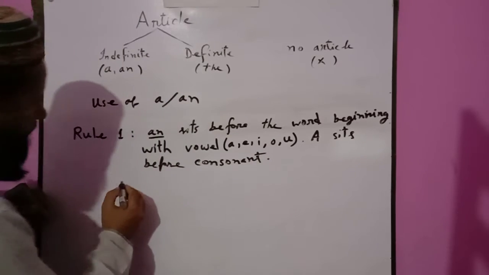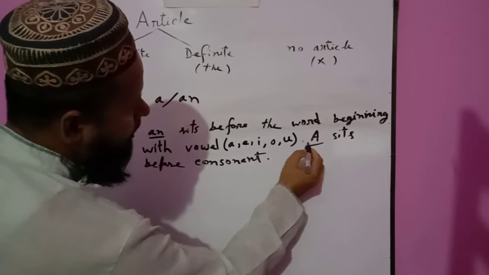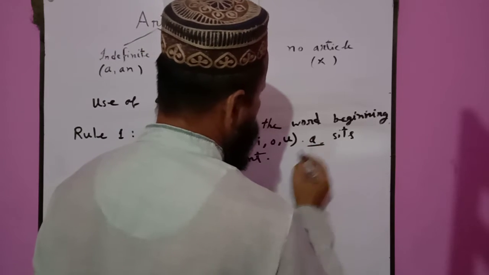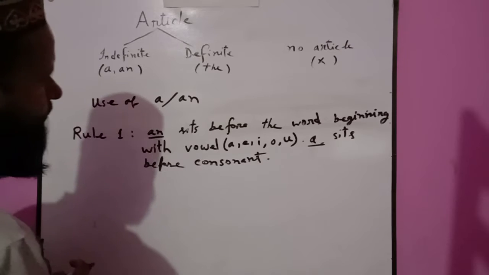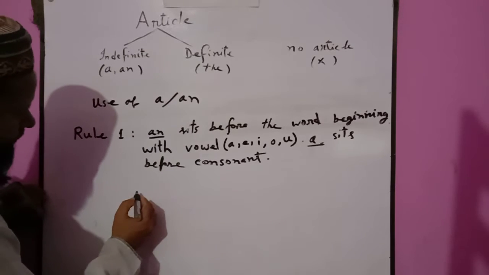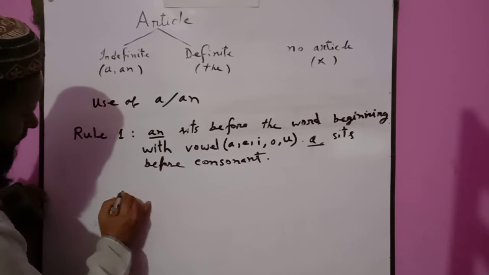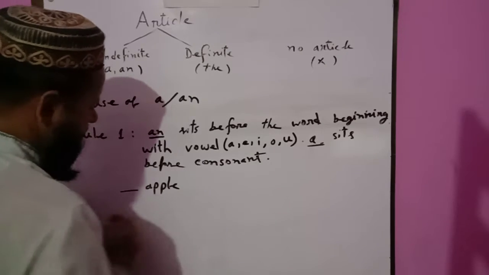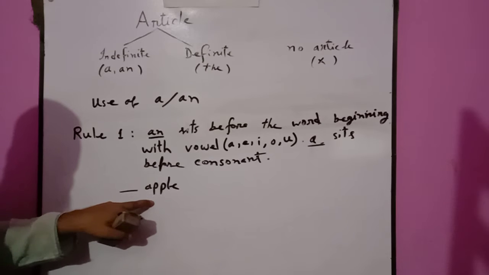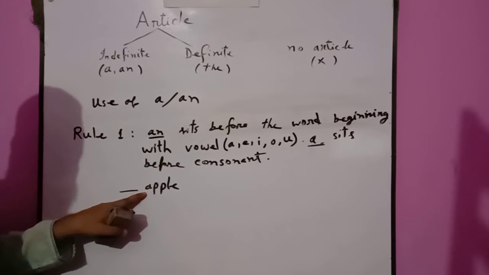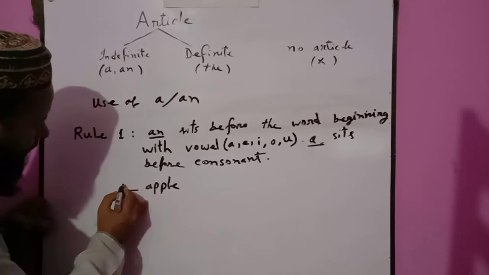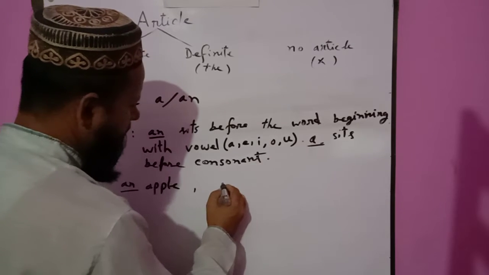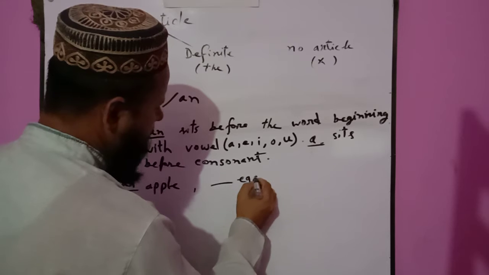For example, apple. The first letter of apple is A. It is vowel, so we shall use an. An egg.